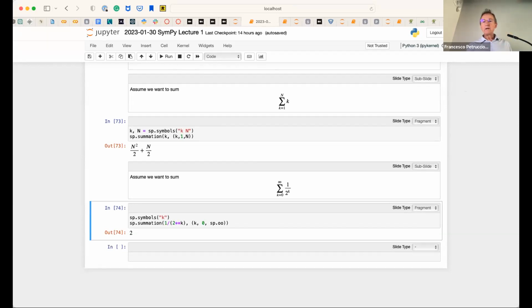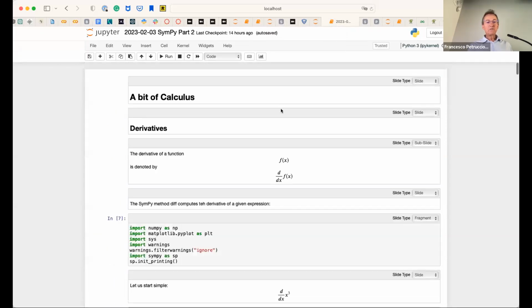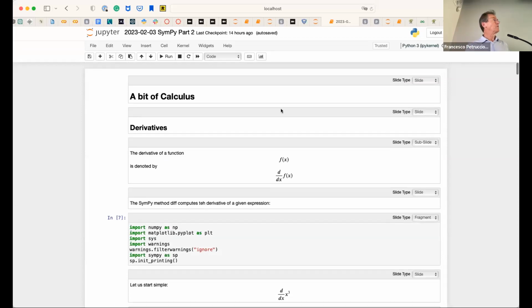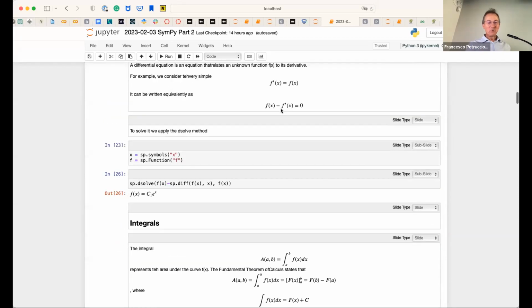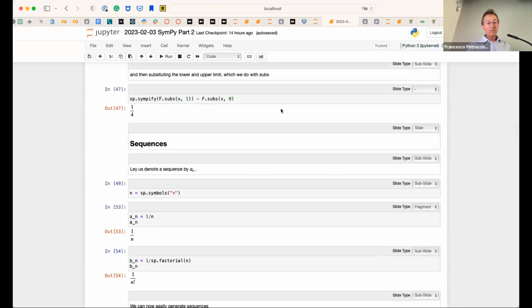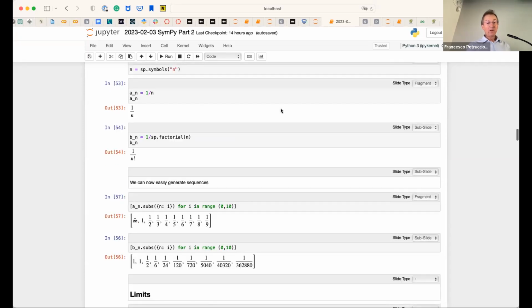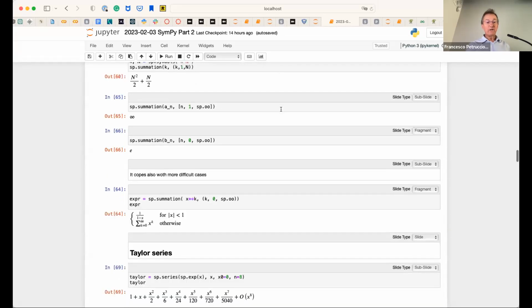Then let me give you maybe a preview of what we will do this afternoon. This afternoon we will keep doing a little bit of calculus. We will differentiate and integrate, and then we do a little bit of linear algebra, which might be very useful.